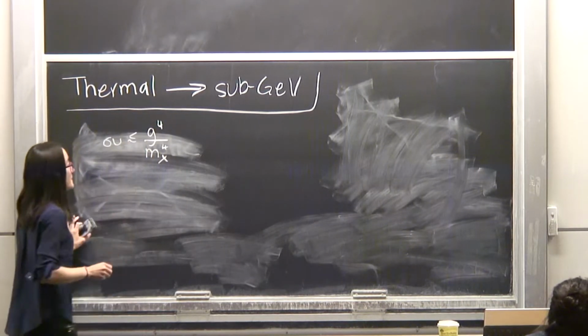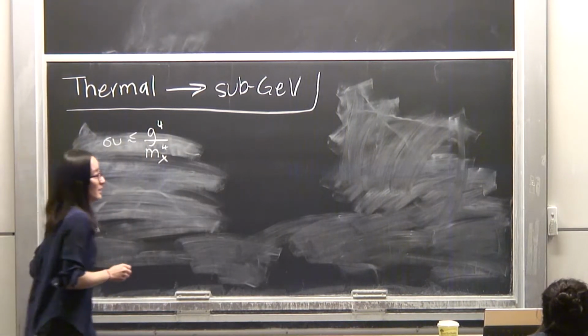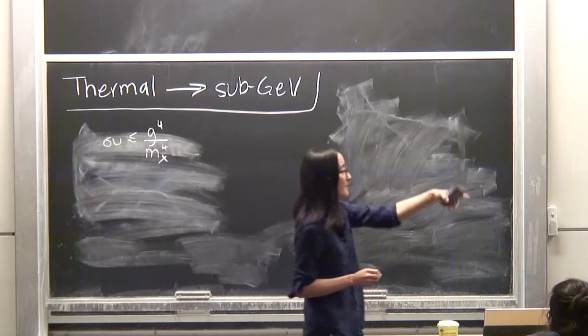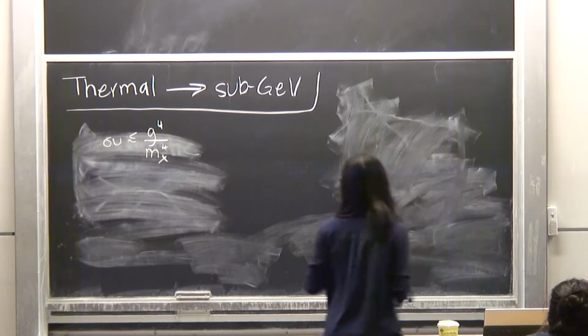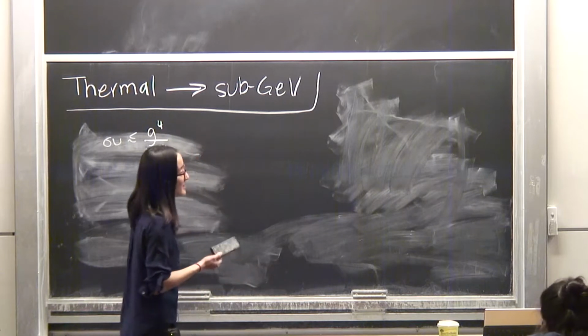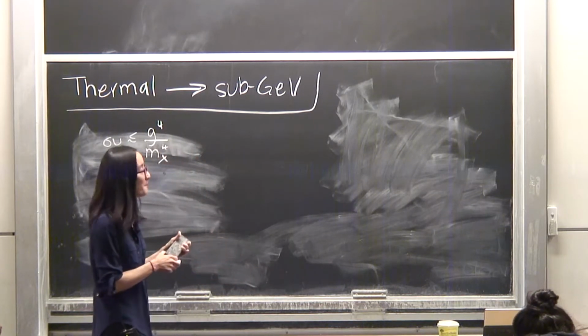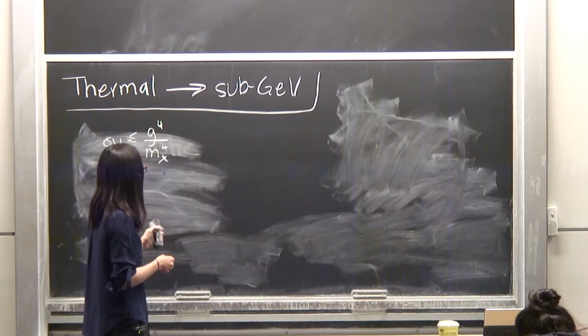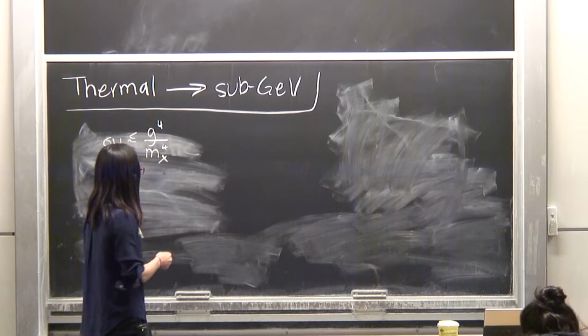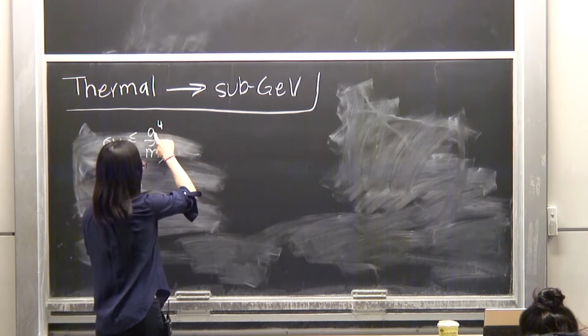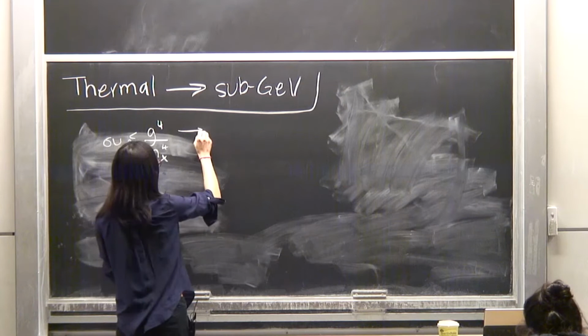All right, so even the first case where I have an m_V to the fourth is less than this because I've assumed that the vector is heavier than the dark matter. And I can take this g to be approaching 1.